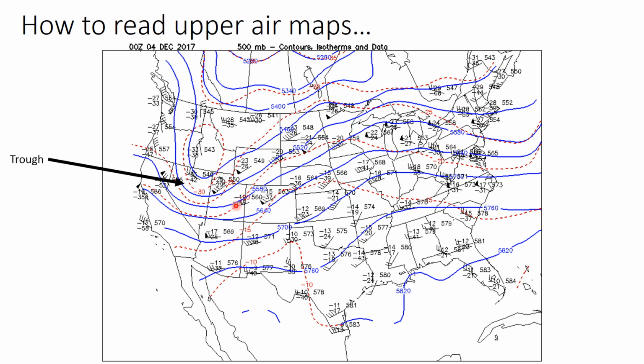Meanwhile, on the other side of the United States, there's a large area where the lines begin to take on more of a ridge-type shape. It actually looks more like a small hill. These are called ridges, and they typically represent areas of warmer air and higher pressure.